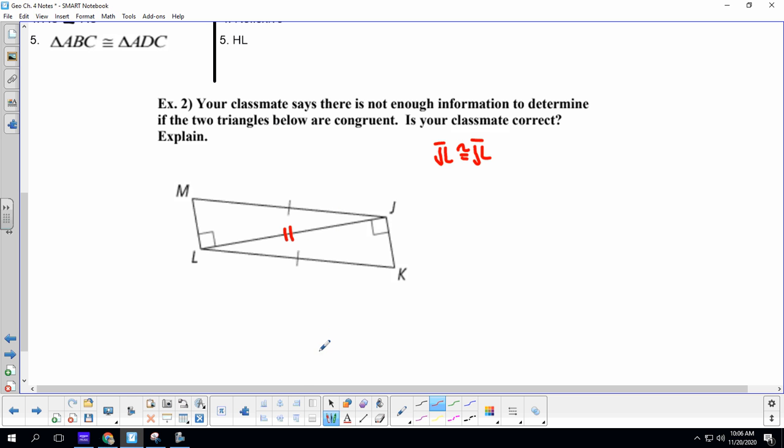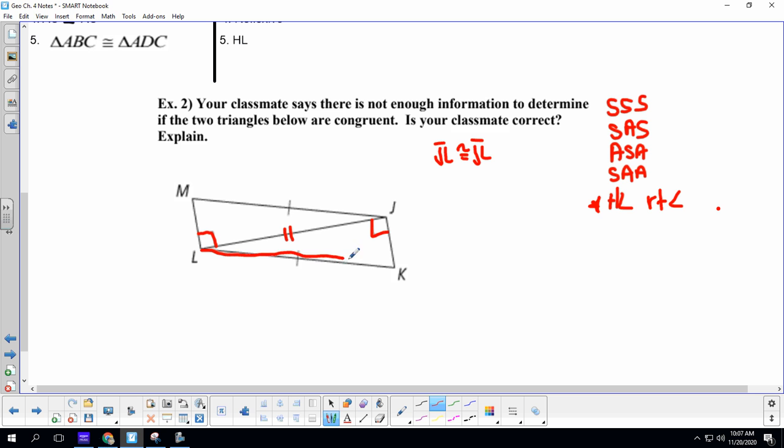And then we're going to take some accounting here. Normally, if we were looking at the four that are the options, so these four were our previous options, but we are adding the hypotenuse leg. So to use this one, we first ask, do we have a right angle? Because we need a right angle in order to use hypotenuse leg. We absolutely do in this scenario. Now we ask ourselves, do we have the hypotenuse?